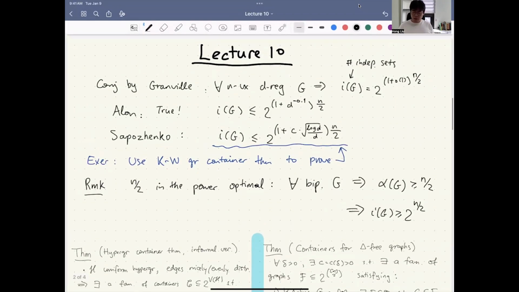At the beginning, we gave this exercise to count the number of independent sets. That's all the independent sets, not including just the maximal ones. Not the maximal ones, right?